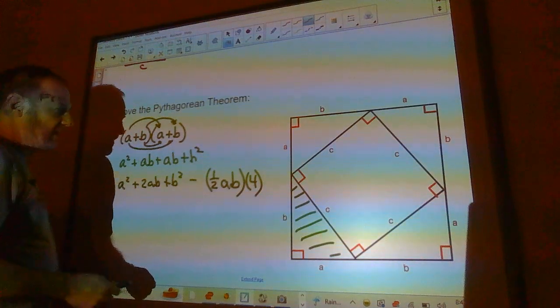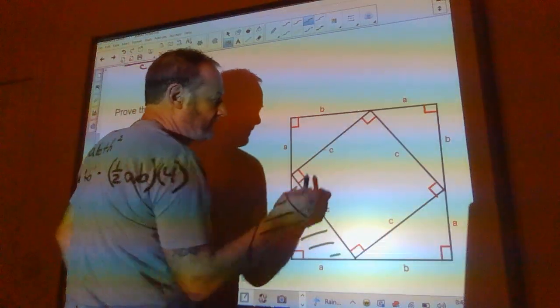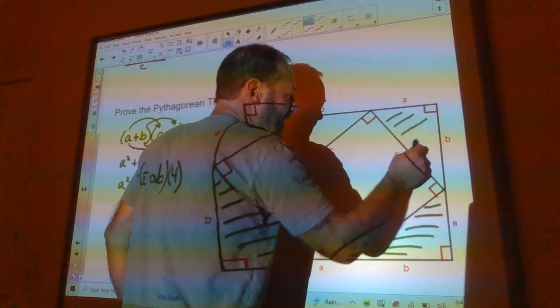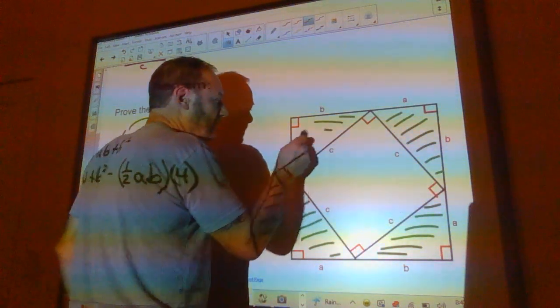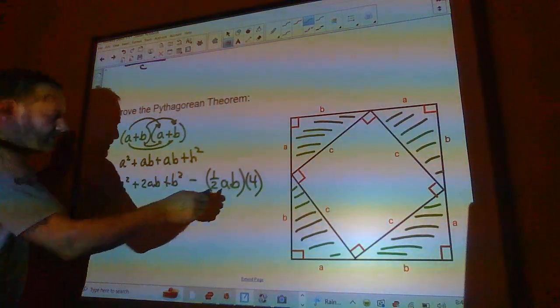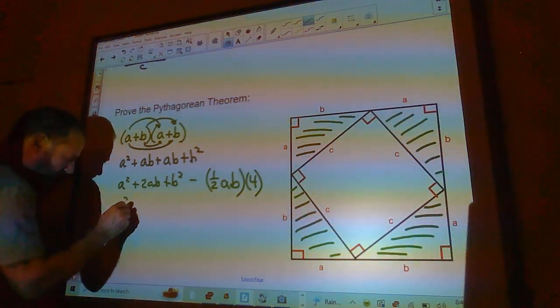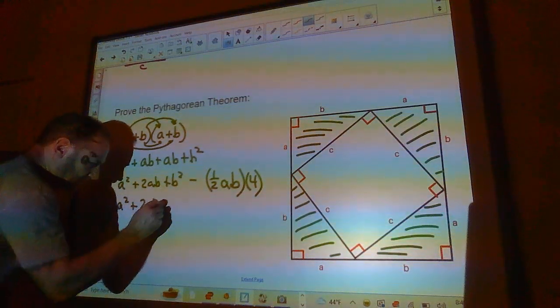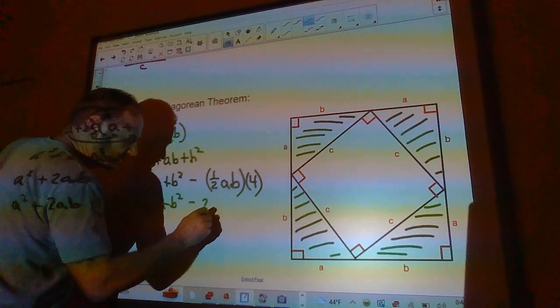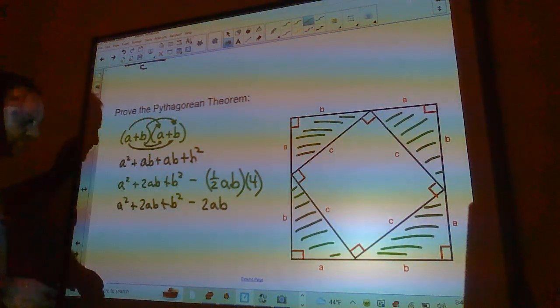4. Now, if I take the big square and I cut off these 4 triangles, I am left with the square that's left in the middle. Okay? So let's see. This is a squared plus 2ab plus b squared minus 4 times 1/2 is 2ab.